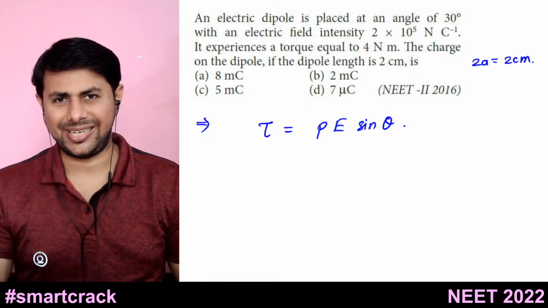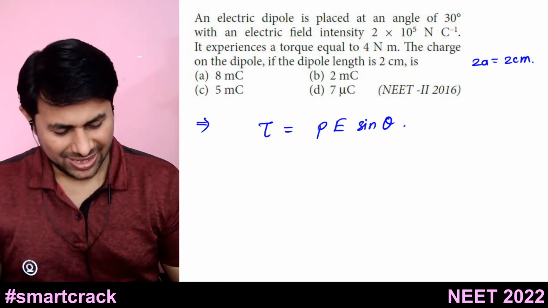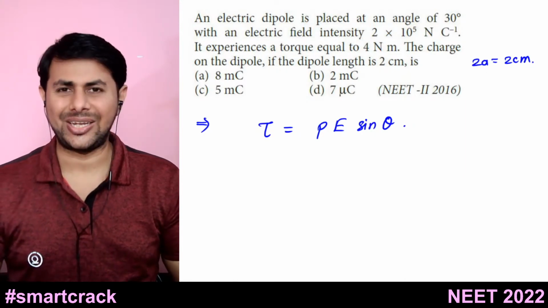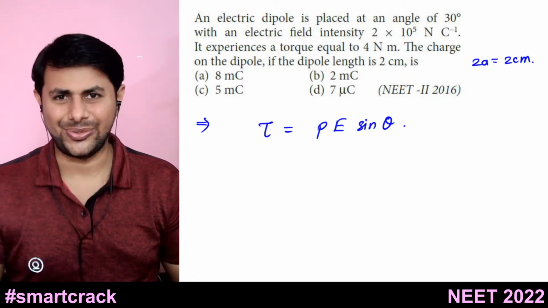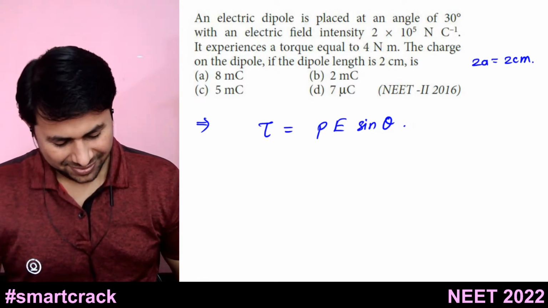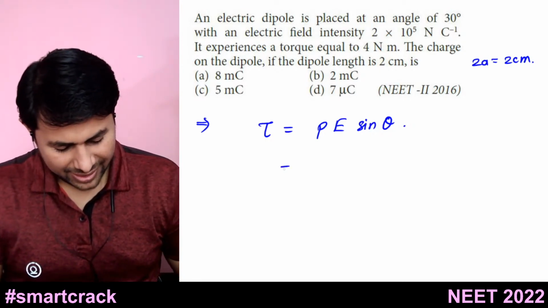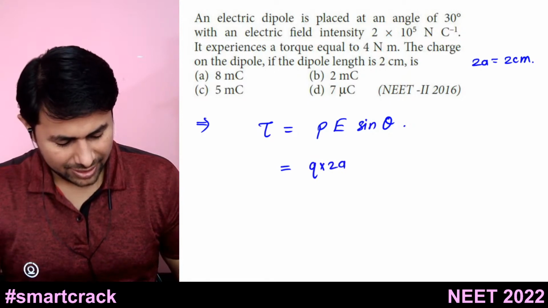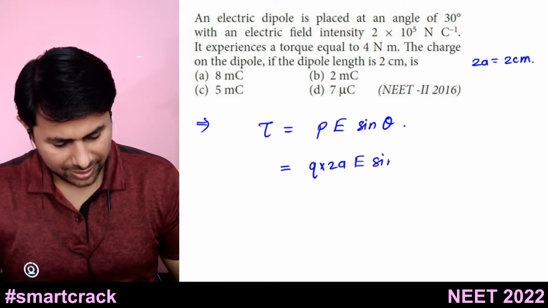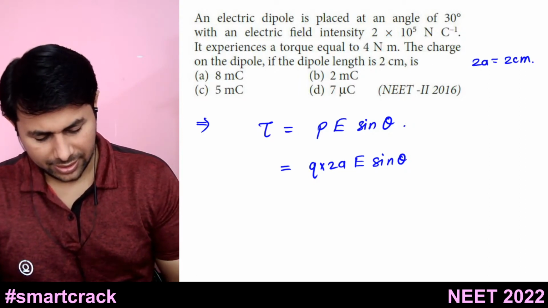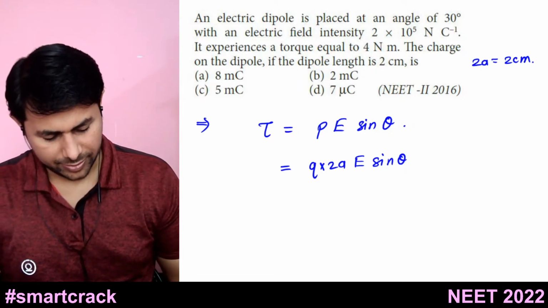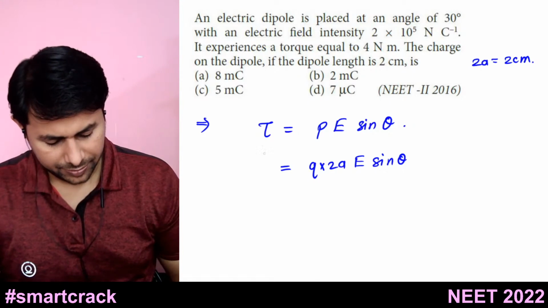I will not make the same mistake I made in the last problem, so at the beginning I wrote that 2a equals 2 centimeters, not a equals 2 centimeters. Then it is q times 2a into E into sine theta, and you want to find the charge on the dipole, that is, you want to find q.